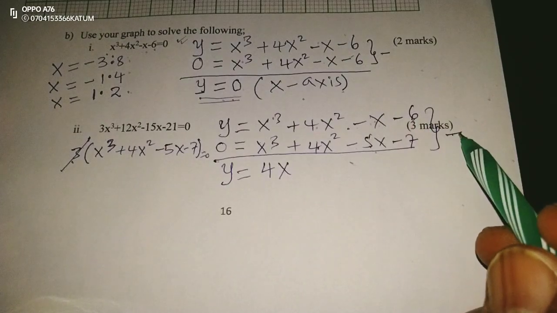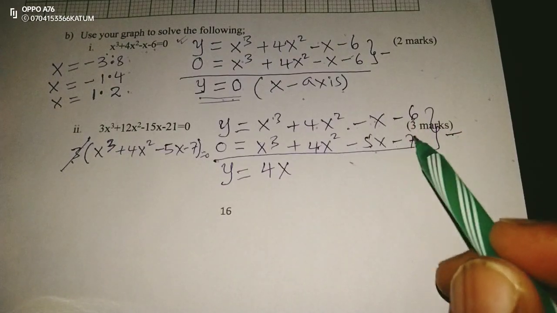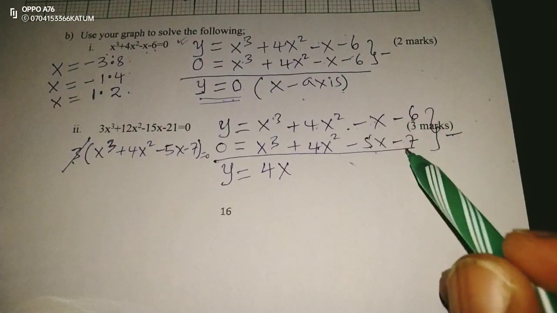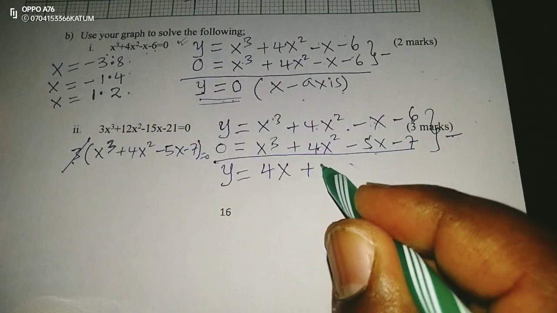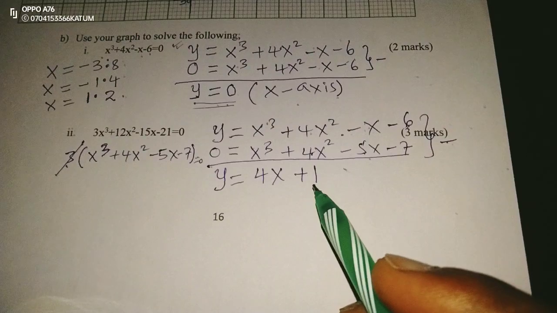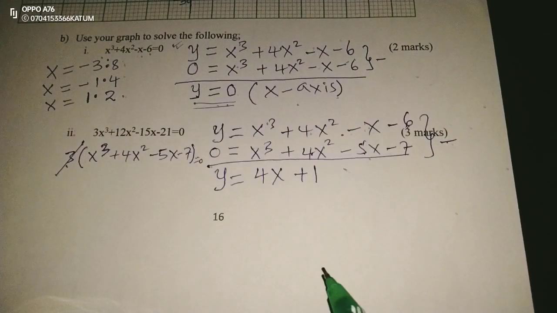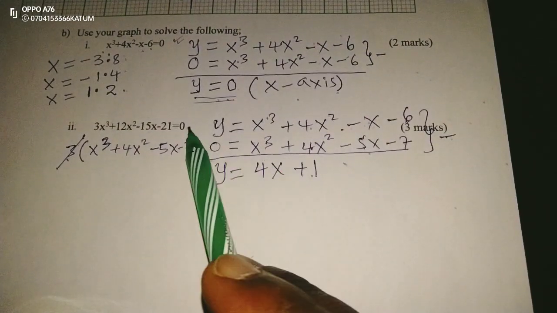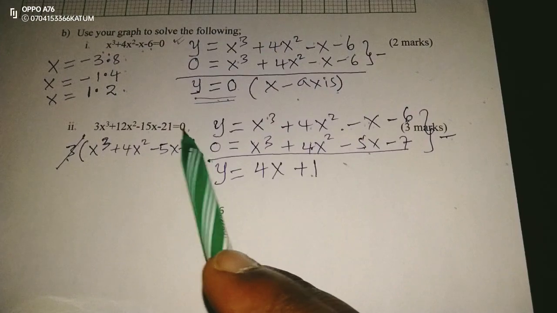Minus 6 minus negative 7 becomes negative 6 plus 7, which is 1. So now this is the equation which will be used to determine the roots of this other equation.